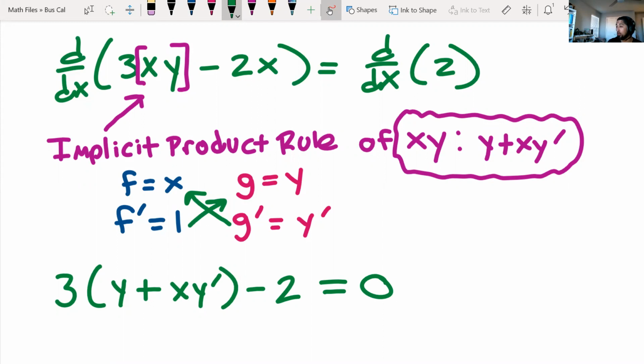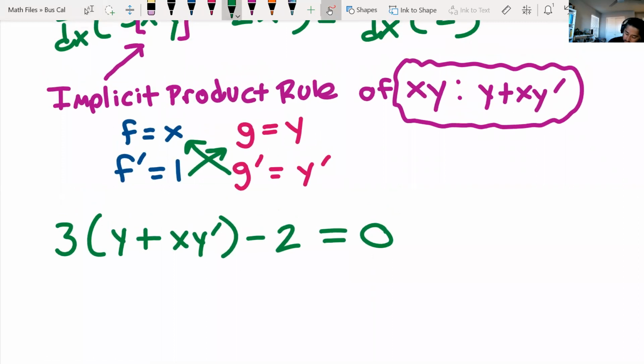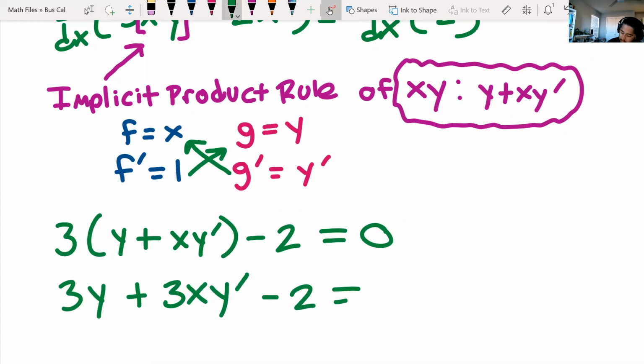So now we solve for y prime, but in order to do that, we have to distribute that 3. So we'll get 3y plus 3xy prime minus the 2 equal to 0.